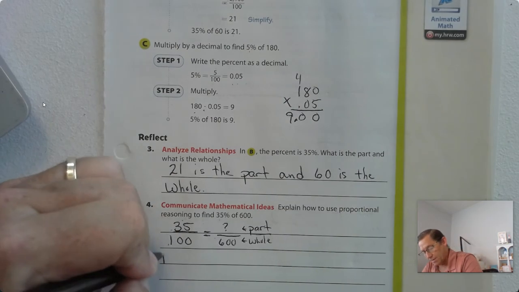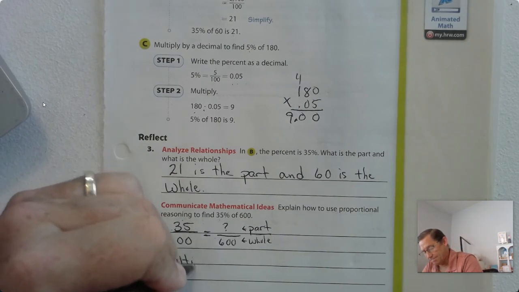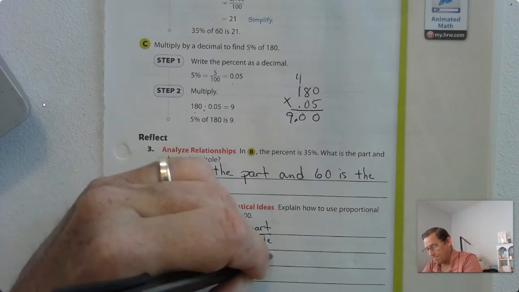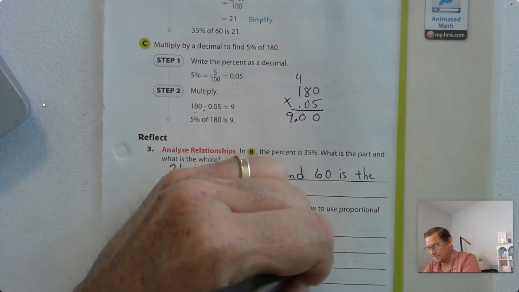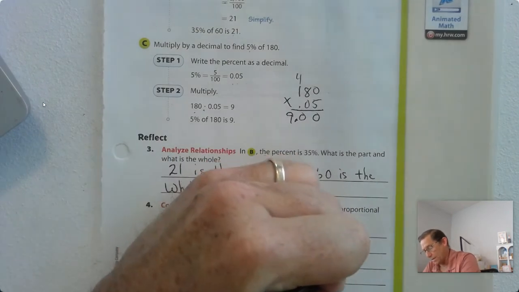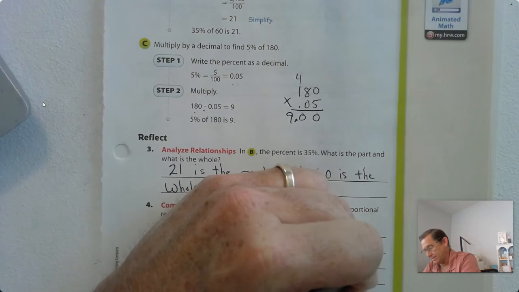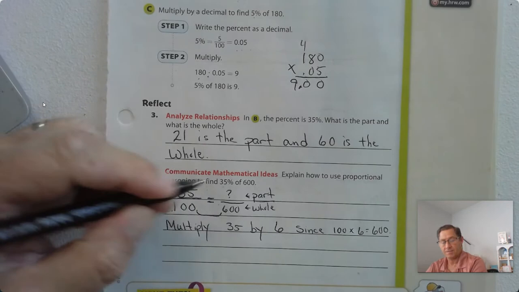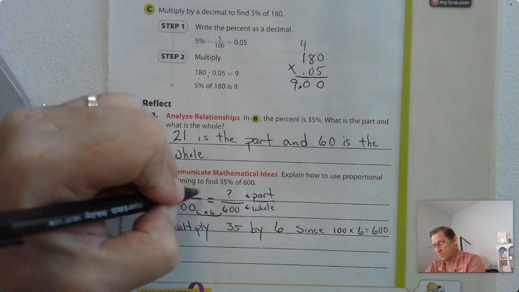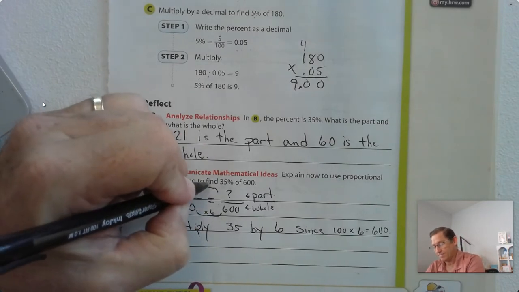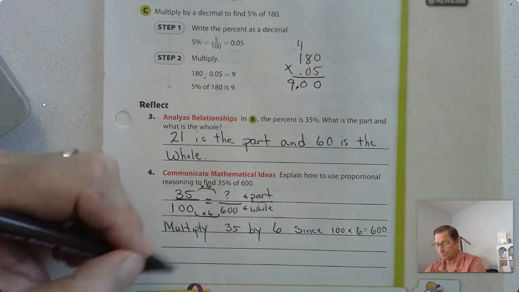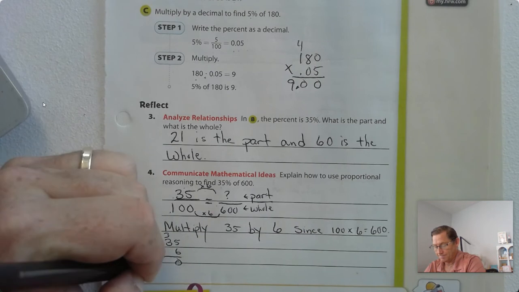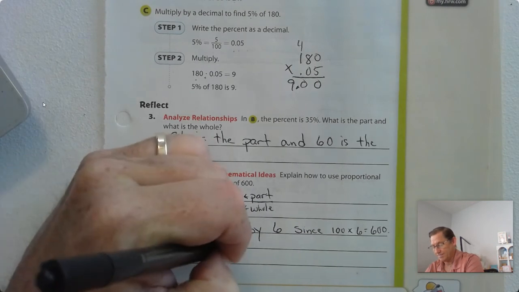So here we're going to multiply 35 by 6, since 100 times 6 equals 600. So how do they go from 100 to 600? They multiplied by 6. So do the same thing to the numerator. 35 times 6 is 210.